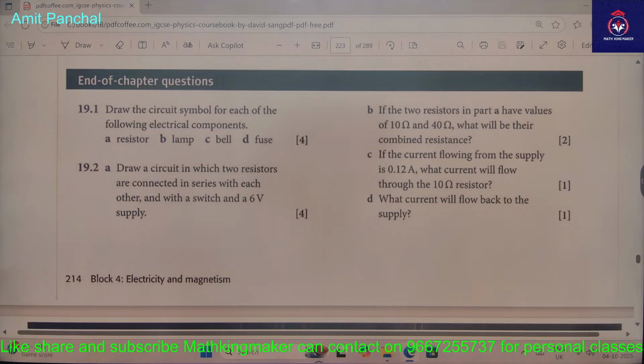Sir, is there something before this in electricity? Before circuits? Can you just check? I saw more topics before the circuits.